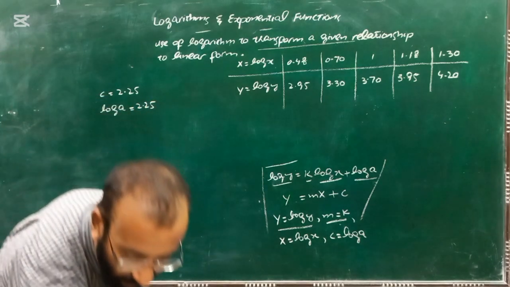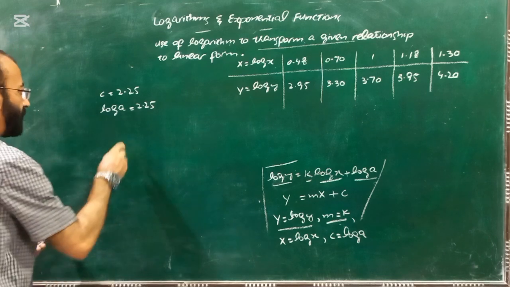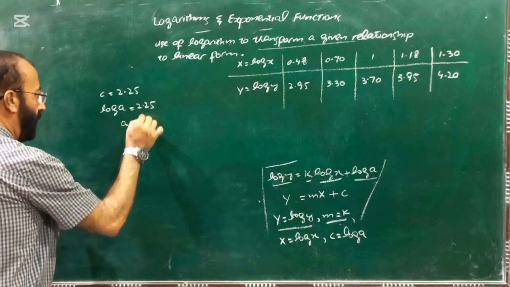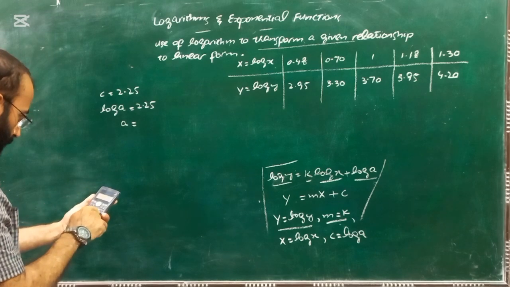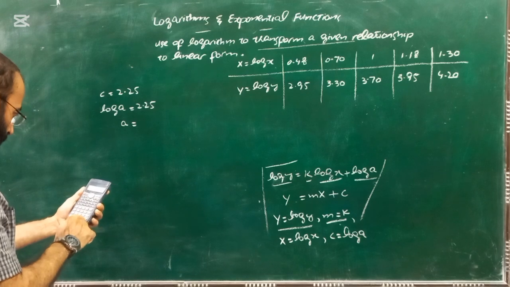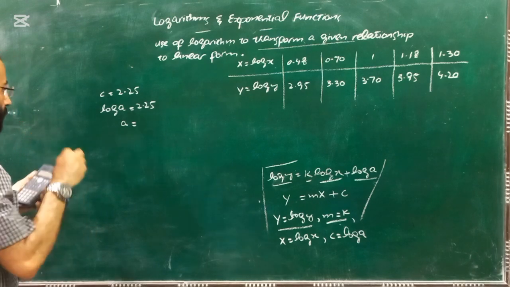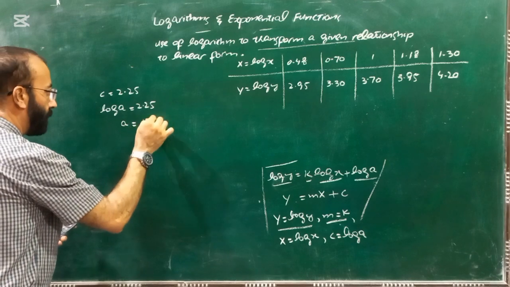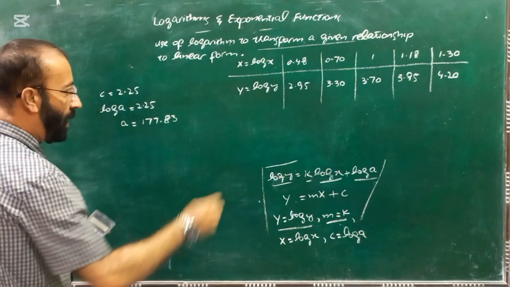At this step, take the antilog of both sides. On the left hand side, you will have a, and shift log of 2.25 will give us 177.83. So this is the value of a.